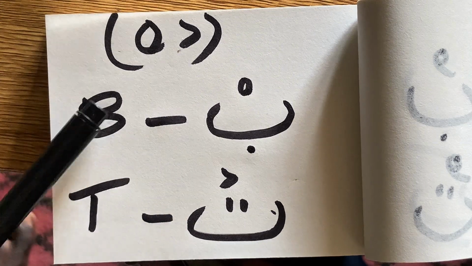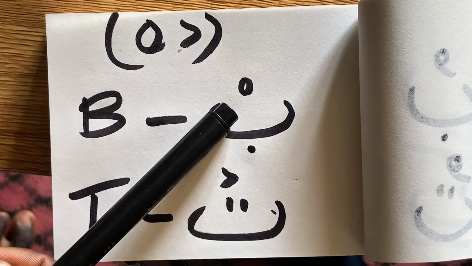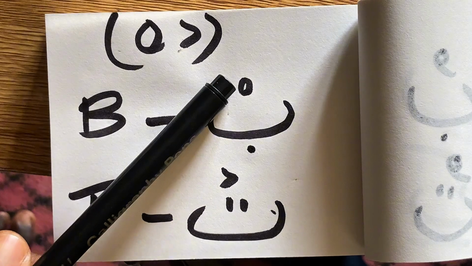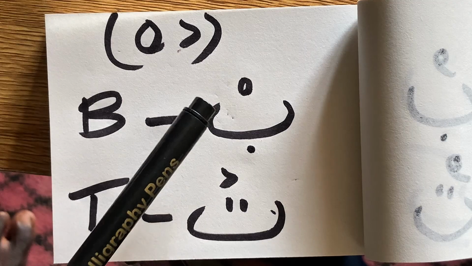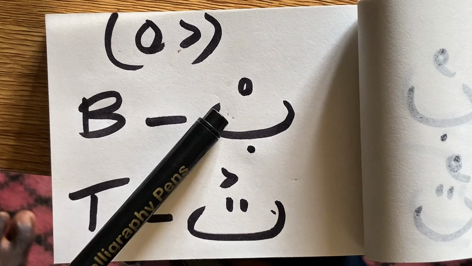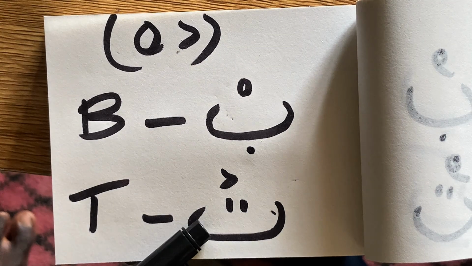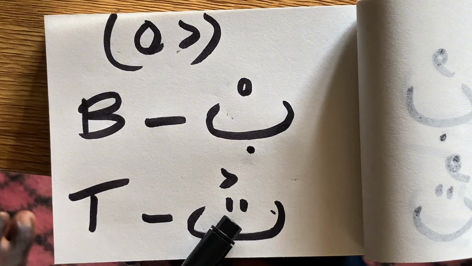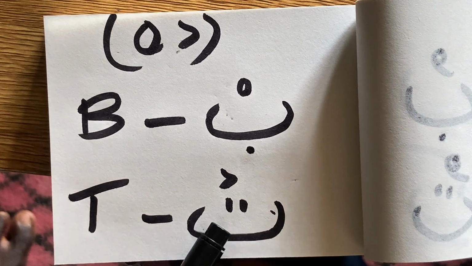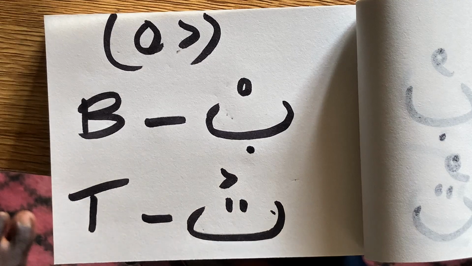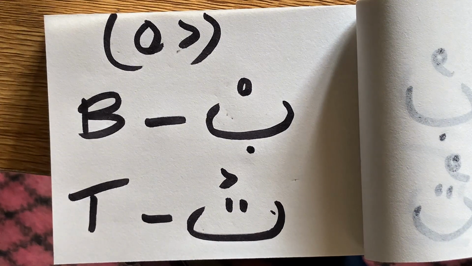Here are the examples. Ba'un, you can see this Ba'un has Sukoon. It will be B. And Ta'un has Sukoon also. It will be T. Let me show an example with words.